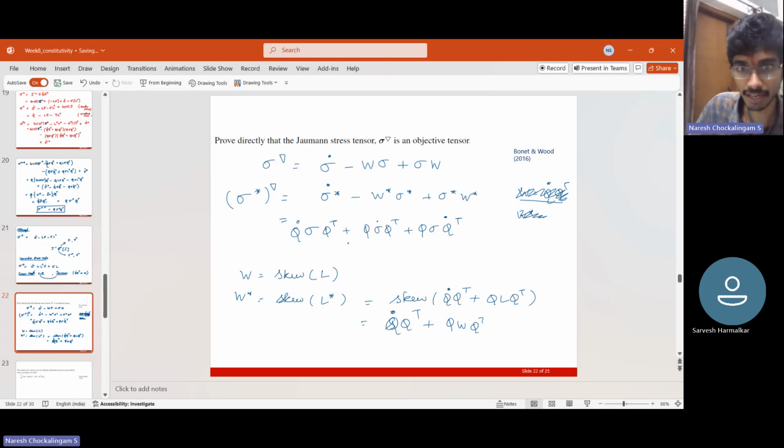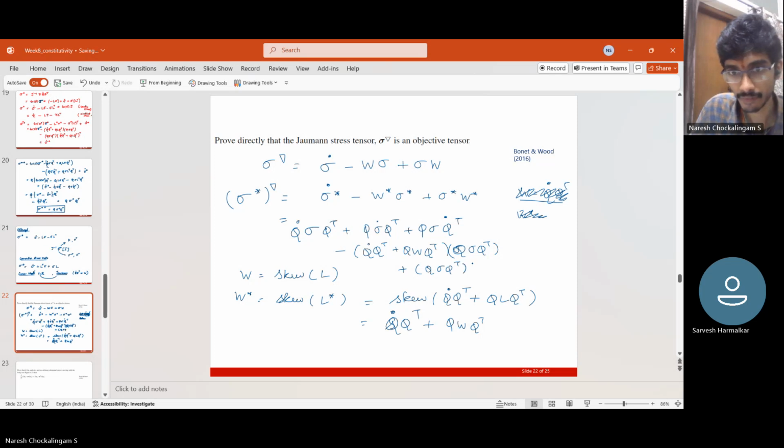So in place of W star, substitute that. You get a minus sign times Q dot Q transpose plus QW Q transpose, multiplying sigma star, which is Q sigma Q transpose.